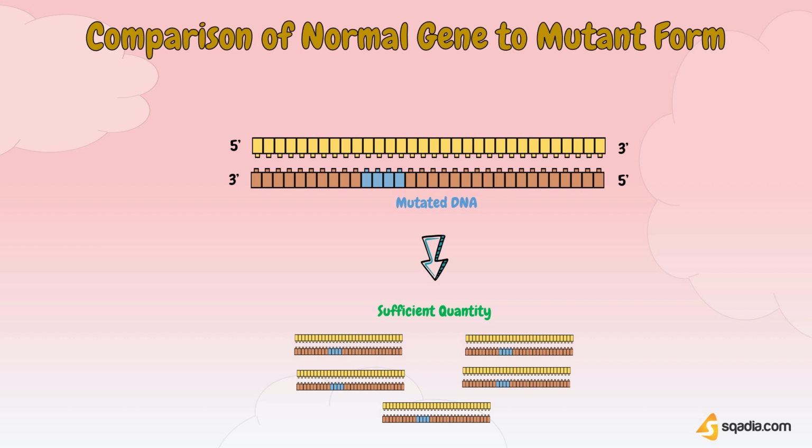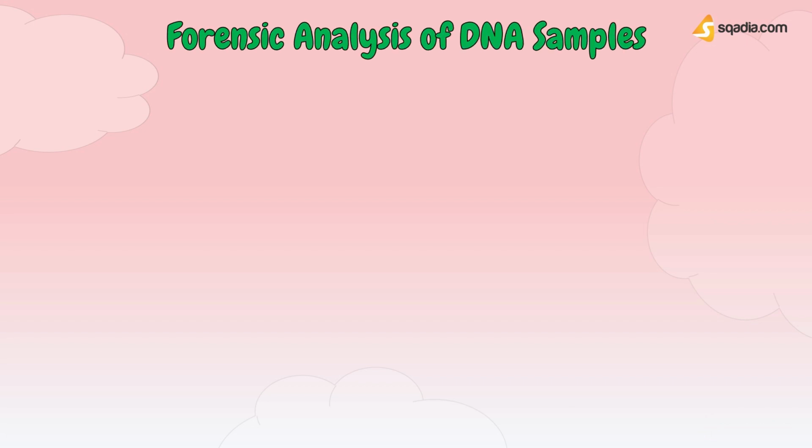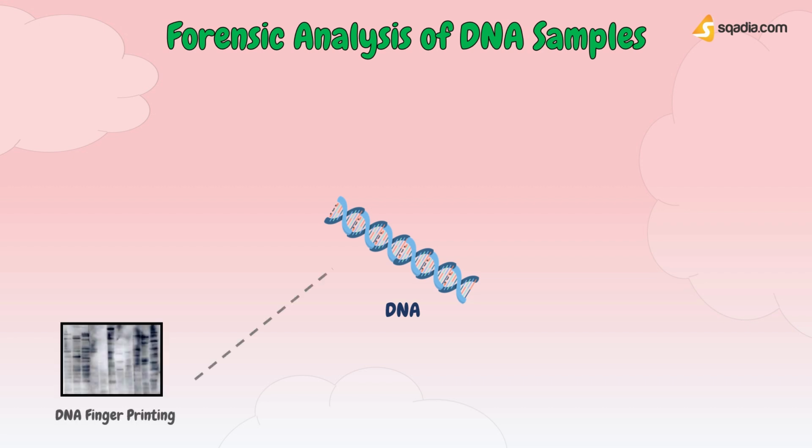Moving towards second application of polymerase chain reaction, and that is forensic analysis of DNA samples. Deoxyribonucleic acid fingerprinting by means of polymerase chain reaction has revolutionized the analysis of evidence from crime scenes.